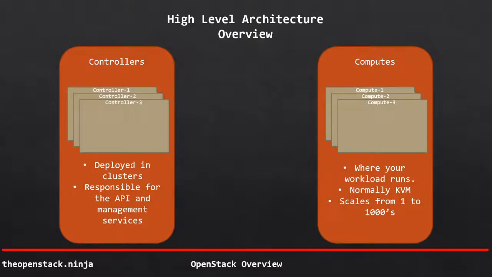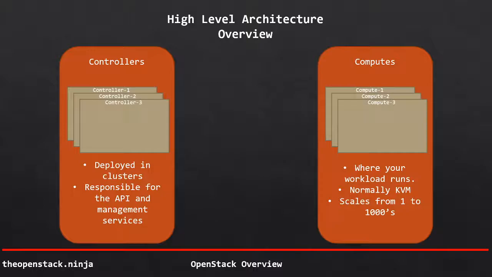Then you have what we call compute nodes. A compute node is where your actual workload runs. So when you build an instance on OpenStack, your instance will actually end up running on a compute host.